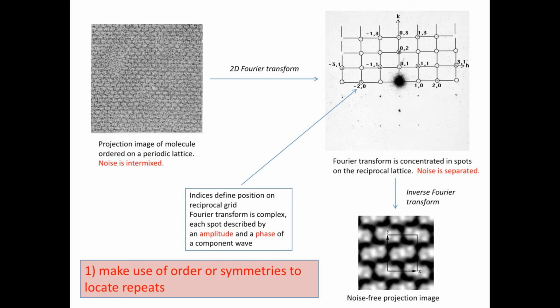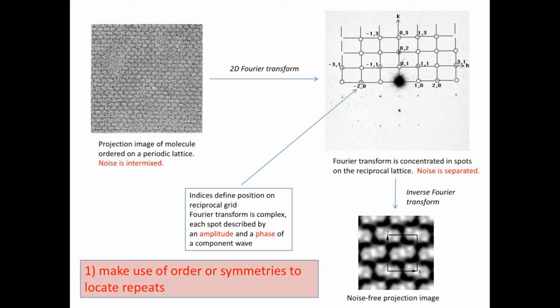So here is an example for use of Fourier methods. This is a projection image of a molecule ordered on a periodic lattice. You see that the noise is completely intermixed. You don't see the structure very clearly.